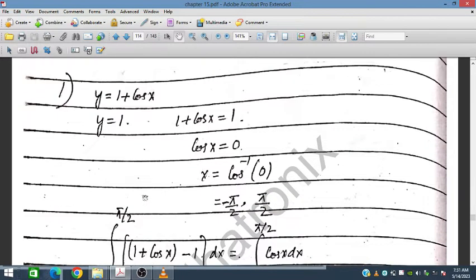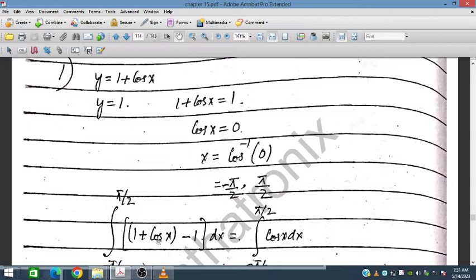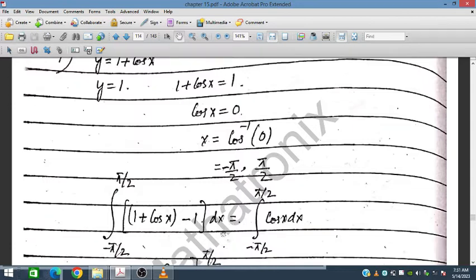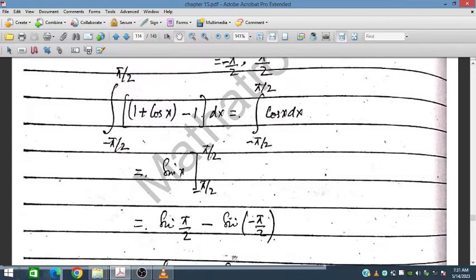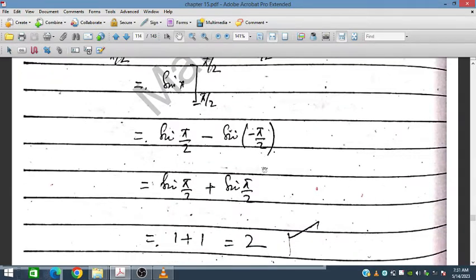So this is the area minus this area. So we are integrating this function, this minus this, and we have obtained this. Substituting the values, we have obtained this result.